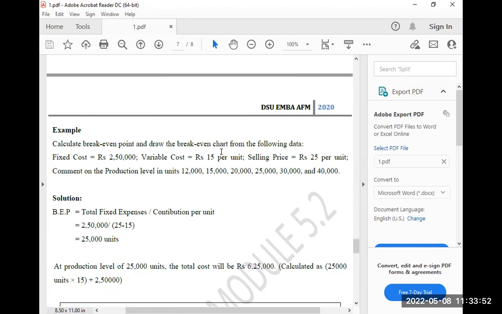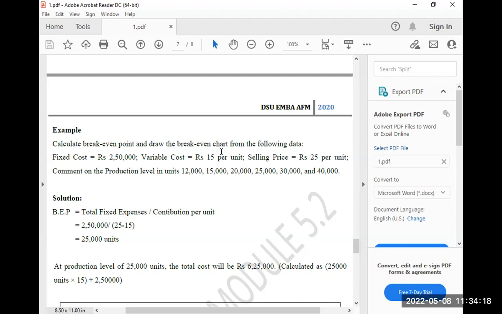First, we can calculate the break-even point. Take the break-even point formula. Looking at this question, we have only per unit data: variable cost per unit and selling price per unit. You can take both. PV ratio also we can calculate, or we can calculate contribution per unit also.